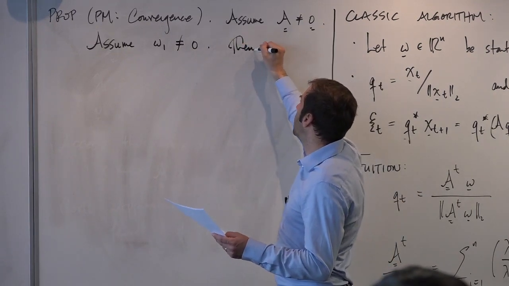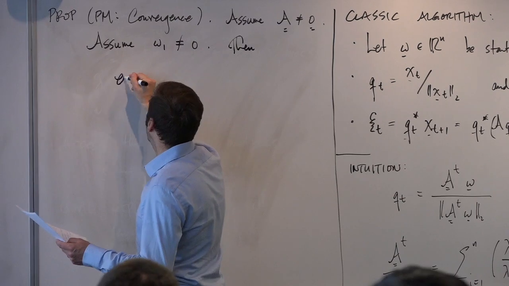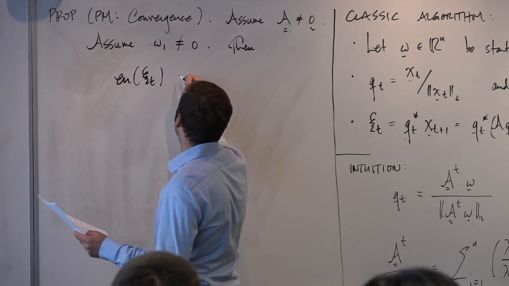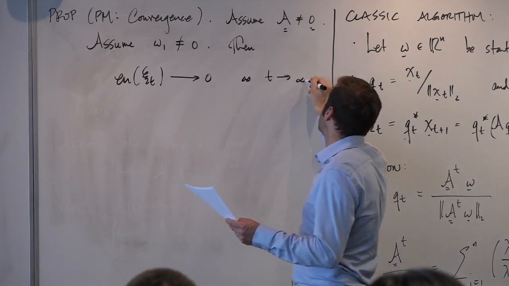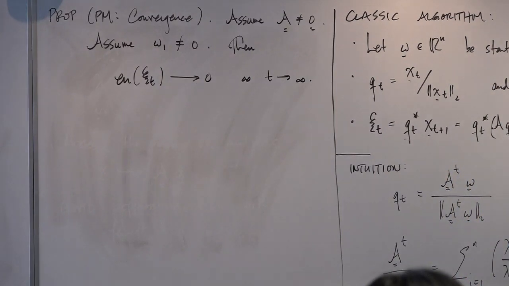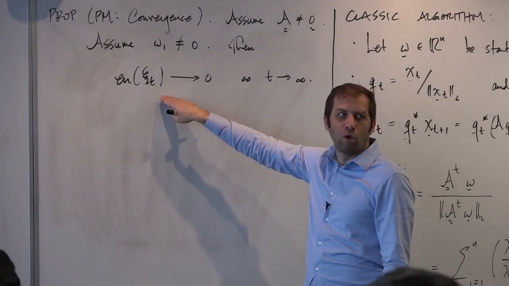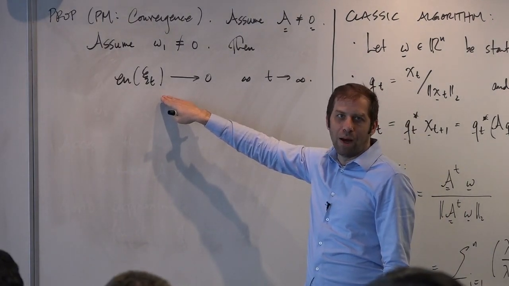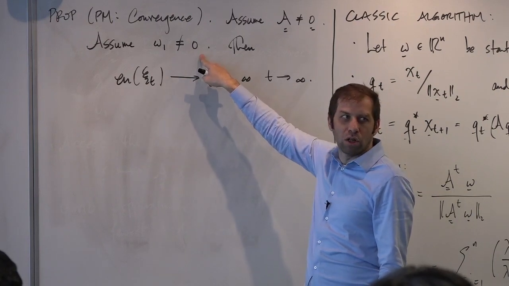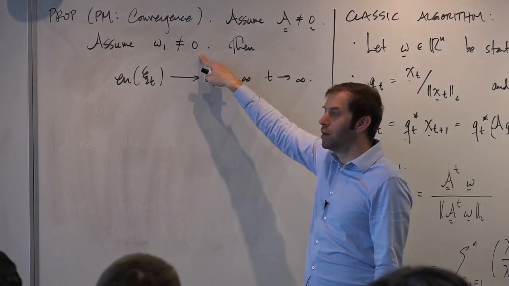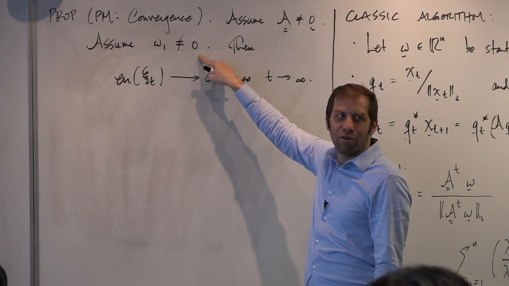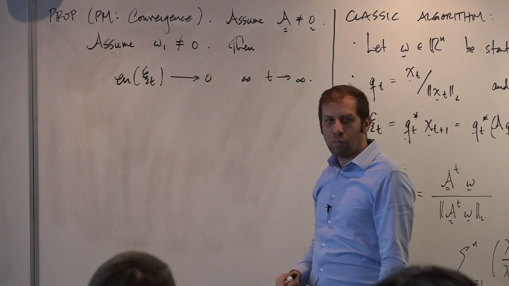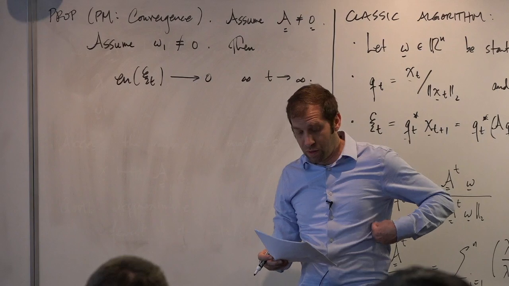The claim here is that the error in the tth eigenvalue estimate converges to 0 as t goes to infinity. In other words, if we run this algorithm long enough, it will eventually converge to the correct maximum eigenvalue under the sole condition that the first coordinate of the starting vector in the eigenvector basis is not 0. Any questions on the statement of this result?